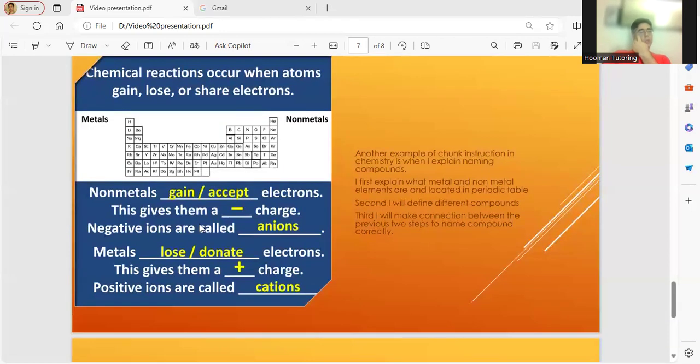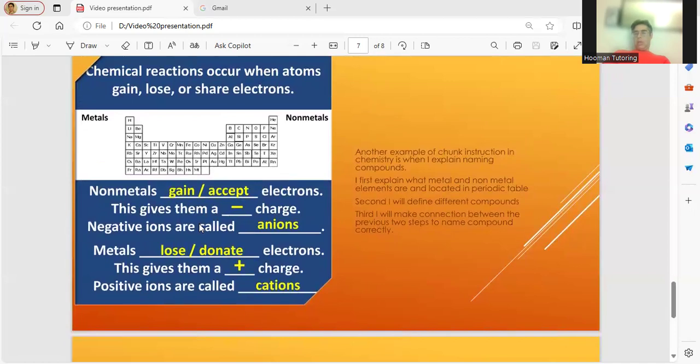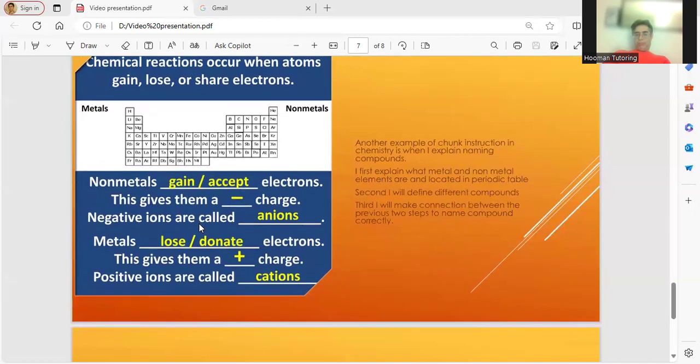I will make sure the students understand what I mean by losing and gaining electrons. I show it on the board with complete, clear examples. And then lastly, I will make the connection between these two steps, and then the student can name the compound completely.